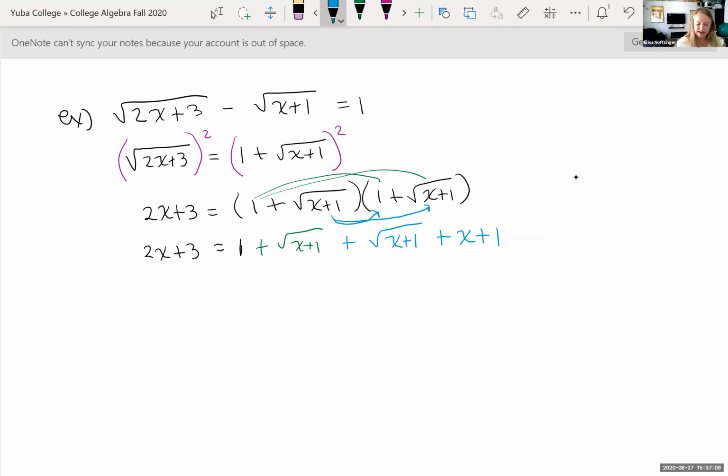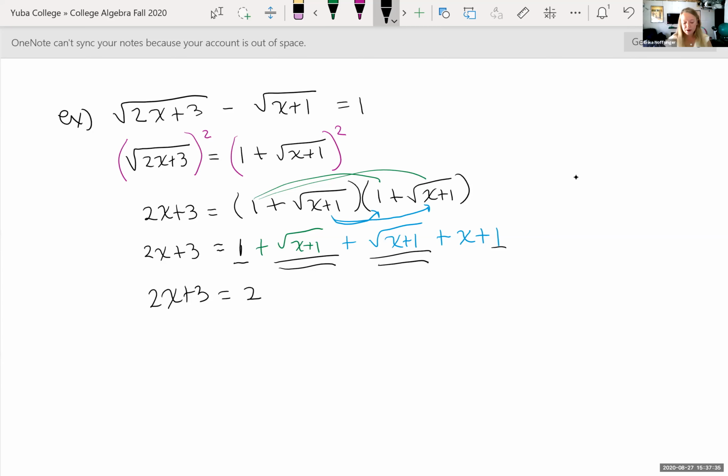Okay, so I notice I can simplify that right-hand side a little bit, and I also notice that we still have radicals in that equation. So bring down the 2x plus 3. This is equal to, so we have a 1 plus a 1, so that would give us plus 2. Here we have a square root of x plus 1 plus a square root of x plus 1.